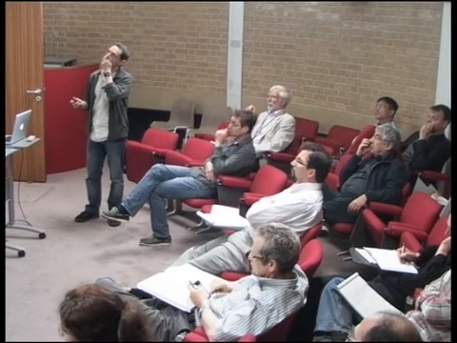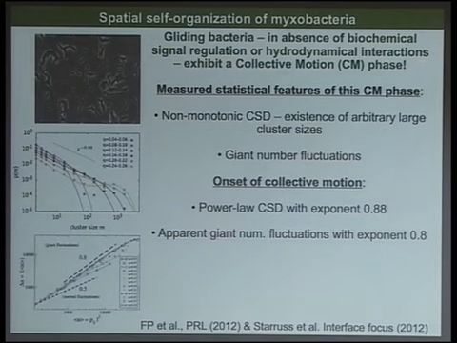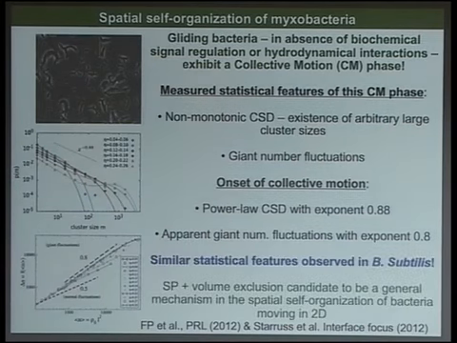So the main message then is that with the gliding bacteria, where you can neglect hydrodynamical interactions, and with the mutants, where you can also neglect biochemical signal regulation, what you can have is formation of polar clusters, the transition to clustering, which you can use to define what is collective motion in this context: collective motion as the existence of large clusters of cells moving in the same direction.